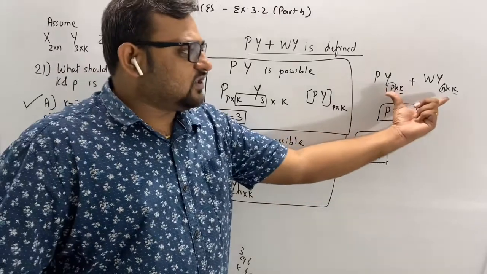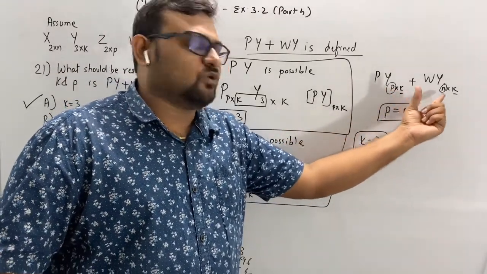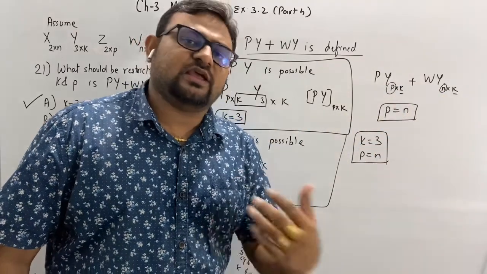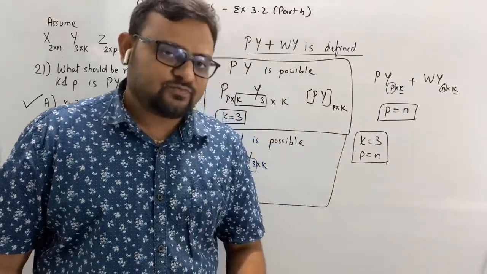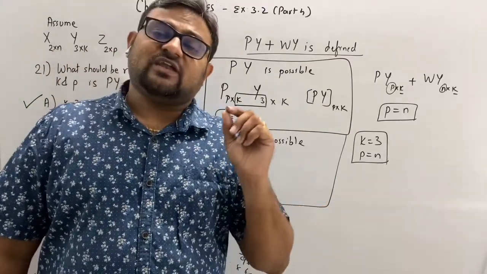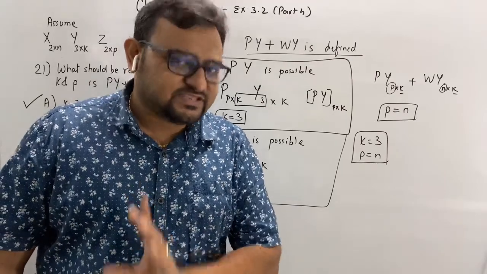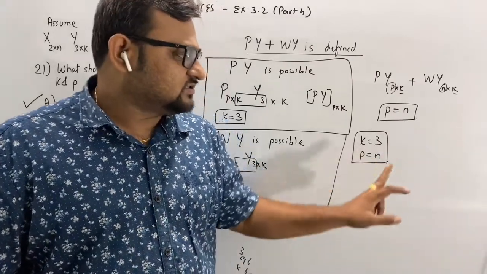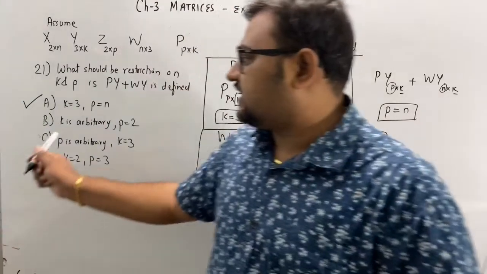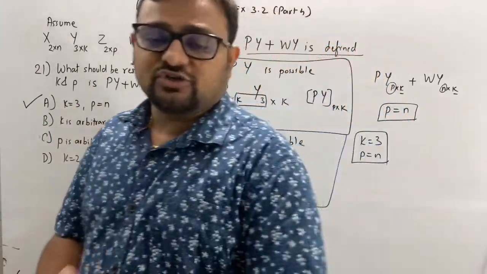Then we found out that both can be added. So K is equal to K, but P must be equal to n. Then only it can be added. Okay, because two matrices can only be added if the number of rows and number of columns in both the matrices are same. So option A is the correct one. Okay, so go through this question, note it down.